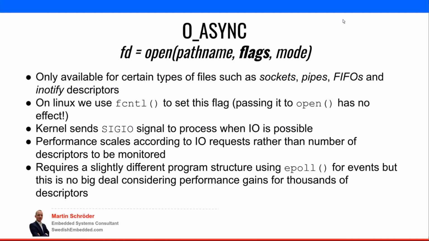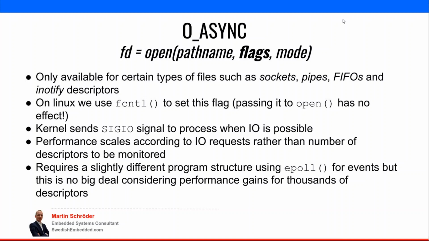When we pass it to open, it actually has no effect, because we need to specify the signal handler for SIGIO before we set O_ASYNC for a file descriptor, if we want to use the signal as is. So the kernel will send the SIGIO to the process whenever the process can do IO on any of the file descriptors.